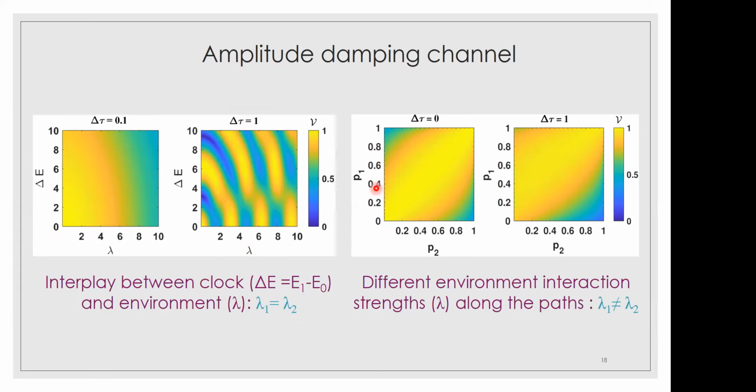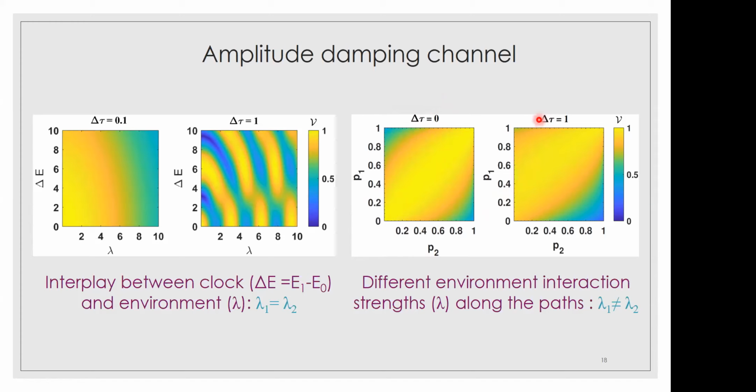But a more interesting or complex case, as I said before, could be when you have path dependent noise, in which the probabilities of these transitions are not the same in both of the paths. And the interesting thing that we see here is that even for proper time difference of 0, where you would expect maximum visibility 1, the visibility falls if the probabilities are not equal.